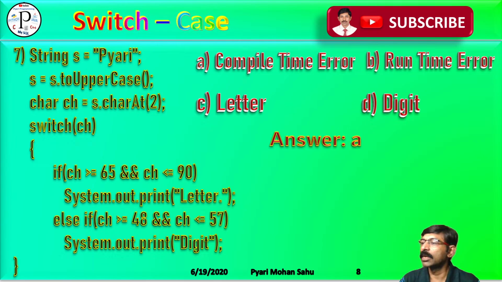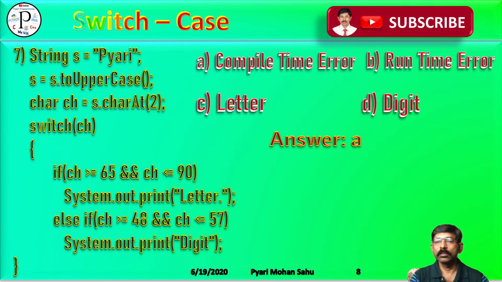Now my answer is error. Who can explain the reason for the error? Seven, as there is no case or default available inside the switch. But your previous answer, Rajesh, was, sir, output is letter, not letter.